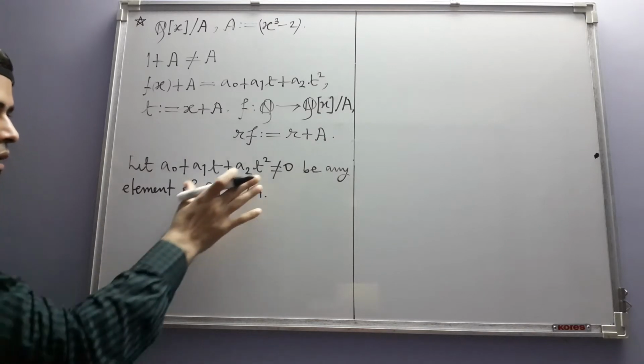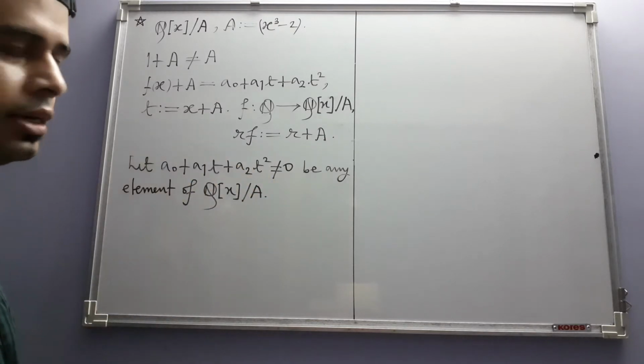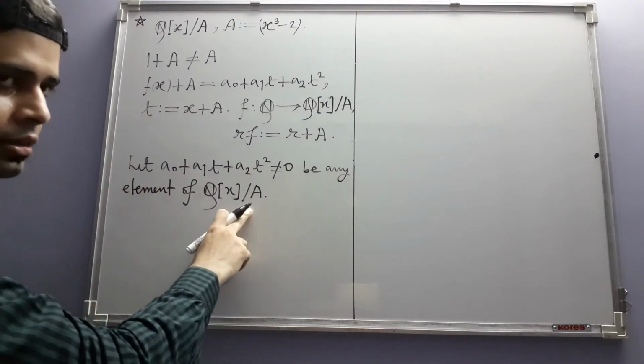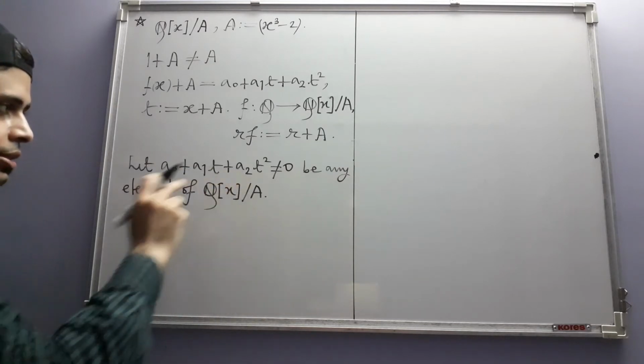We want a multiplicative inverse of this element, which should be here, so it should also be in this form.